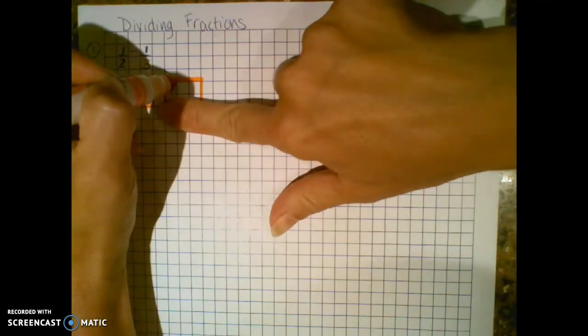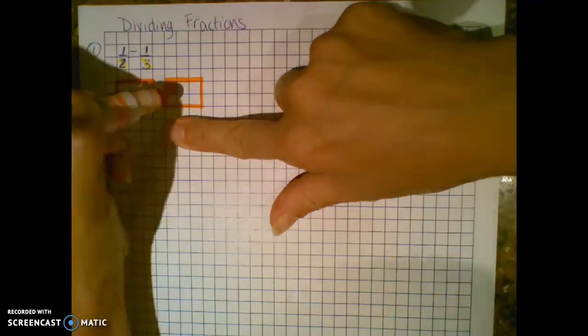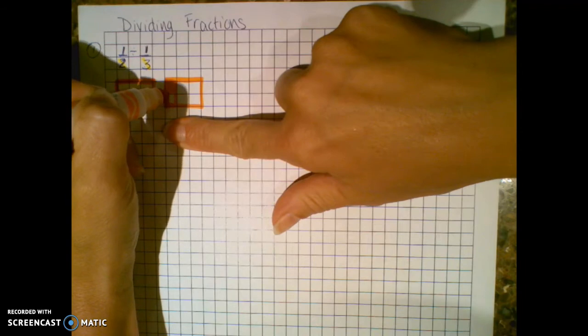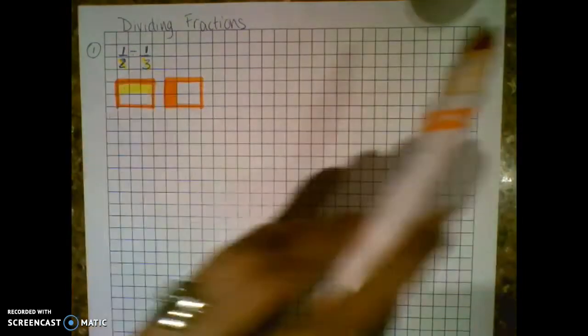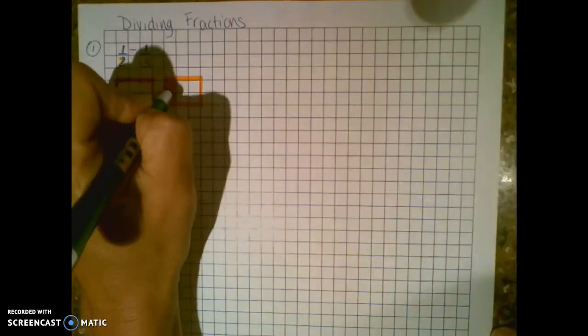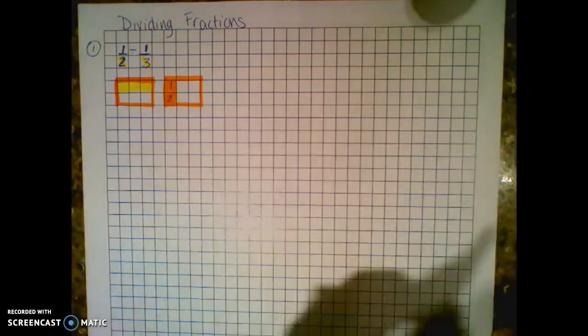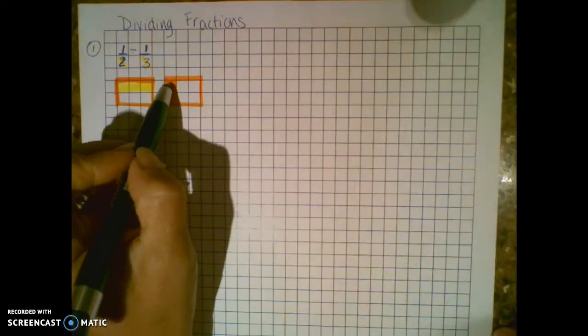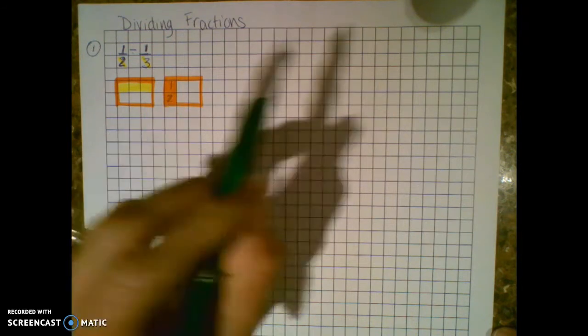That means I'm going to take 1 out of 3 on the first row and 1 out of 3 on the second row to make up 1/3. And notice that there are 2 squares that make up 1/3. So for 1/3 to go into the whole one time, it needs to have 2 squares to go into.